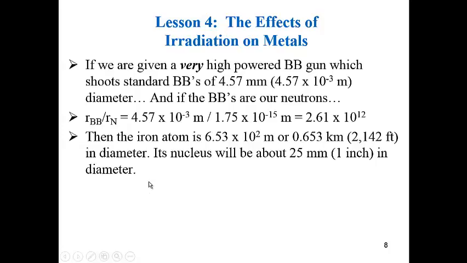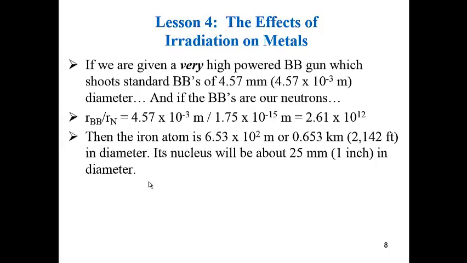If we're shooting these BBs at an iron atom, as in steel or stainless steel, the iron atom is on the same scale as the BB, 6.53 times 10 to the second meters in size, or about a little over 2,000 feet in diameter. So we're shooting BBs at an atom which is a sphere 2,000 feet in diameter.